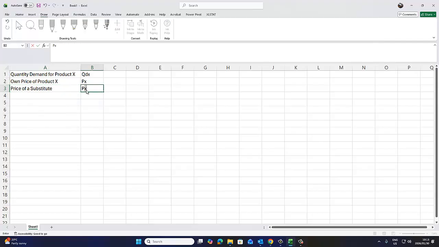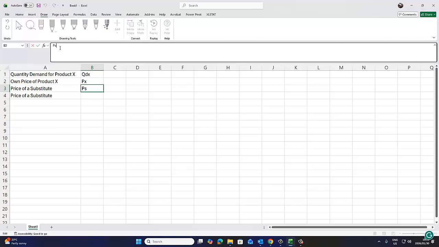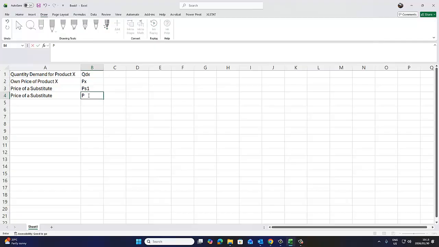Now there might be more than one substitute. So let's call it the price of substitute 1 and the price of substitute 2. Let's assume there are only 2 substitutes of this specific product, whatever that product may be.